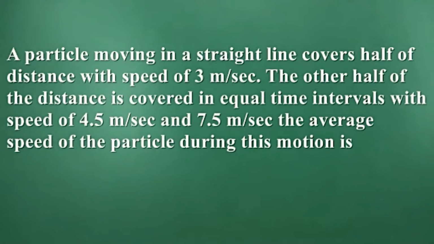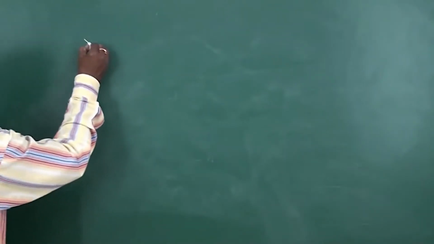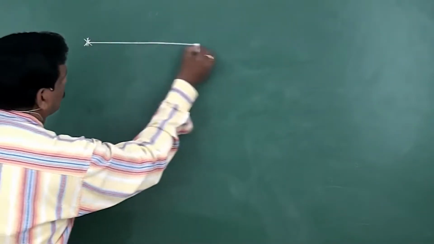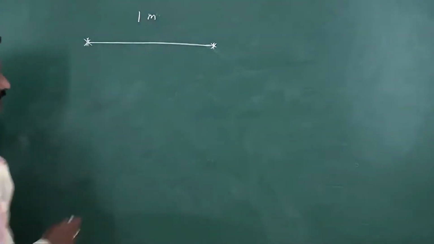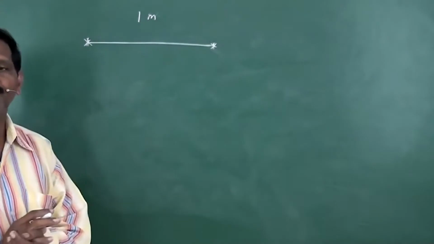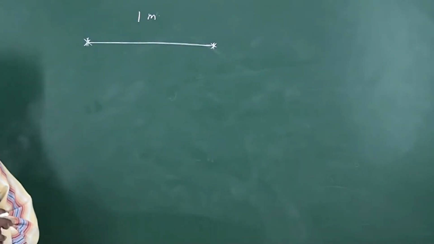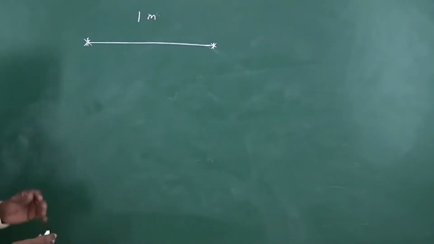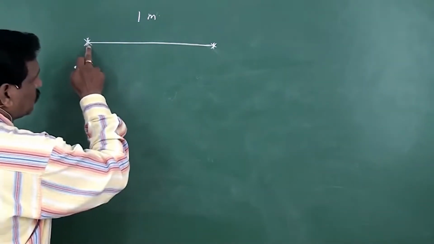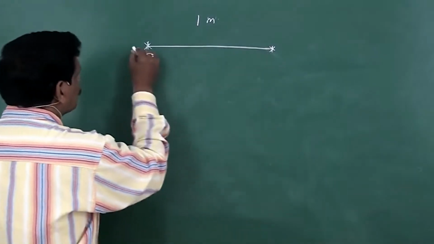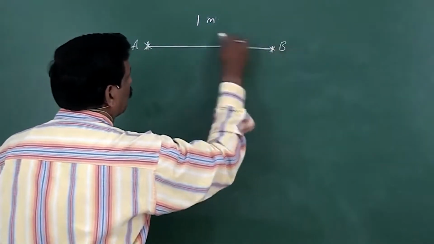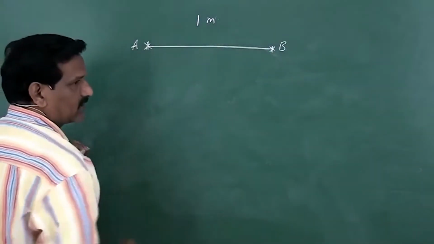Here, because speeds are given in terms of meter per second, we have to assume the total distance for this journey as 1 meter. You just assume like that.